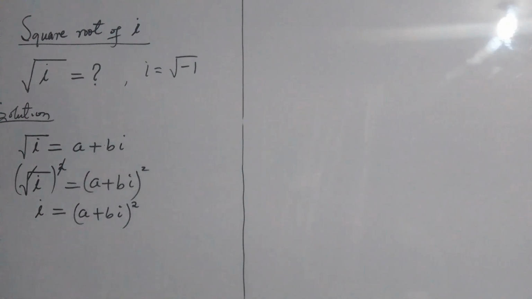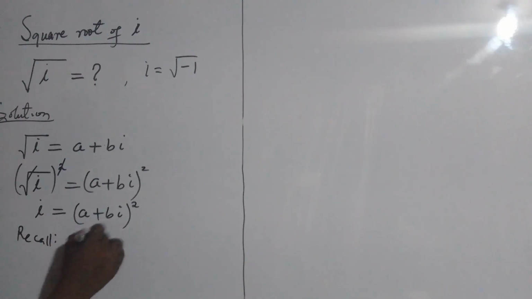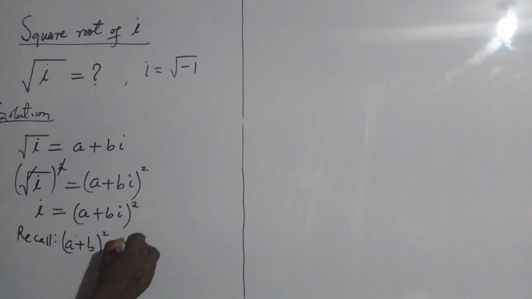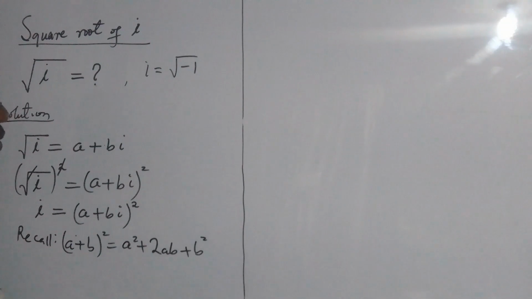And don't forget that from algebra, (a + b) squared is the same thing as a squared + 2ab + b squared.